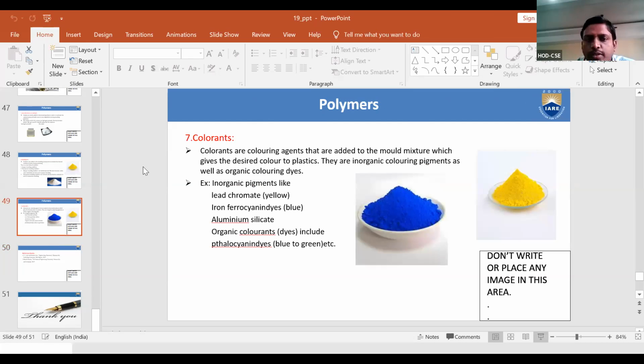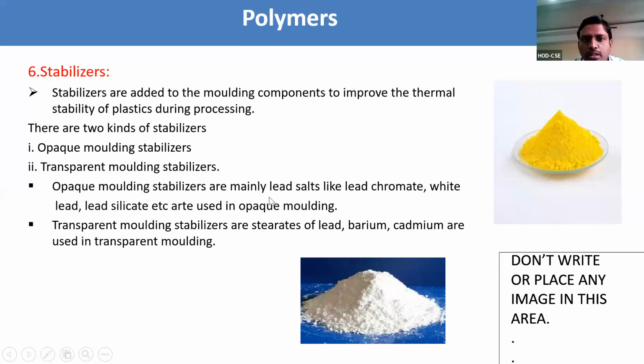The stabilizers may be lead salts like chromate, white lead, lead silicate, etc., which are used in opaque molding. In transparent molding, stearates of lead, barium, and cadmium are used as transparent molding stabilizers.